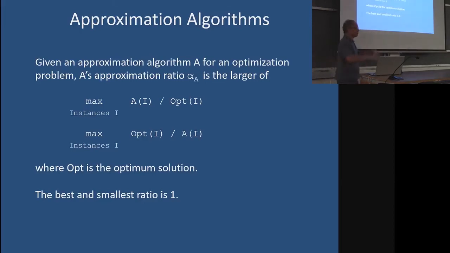And we always do the division. It depends if it's a min or a max problem. You still do the division, so the ratio is always greater than 1. That's why I show the division both ways. So you're looking for the worst case approximation and dividing it by the optimal solution.